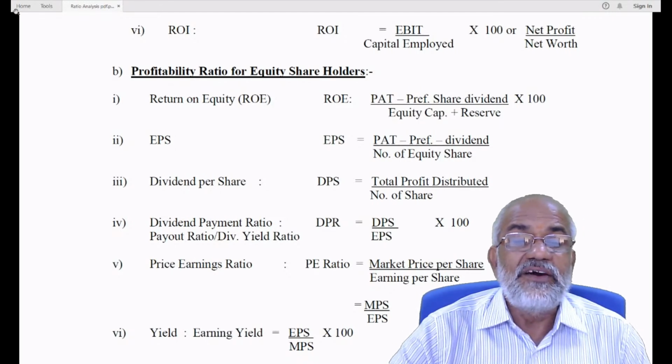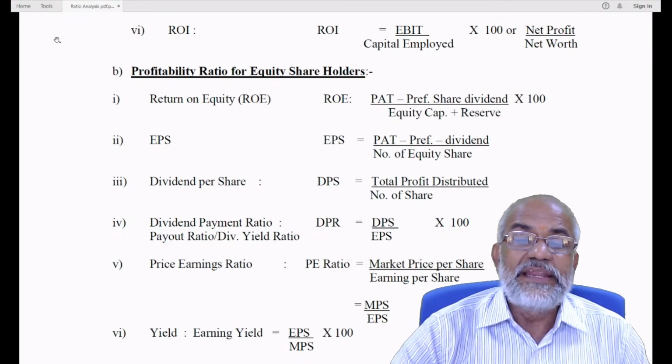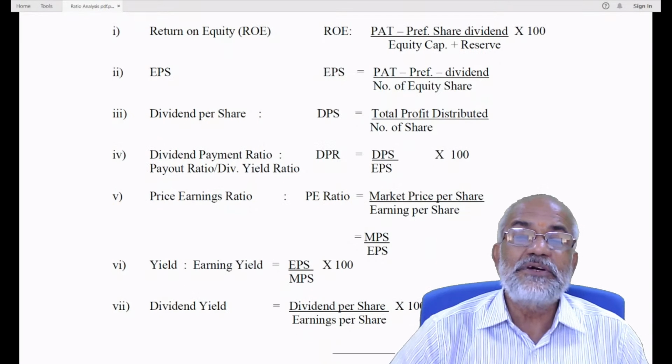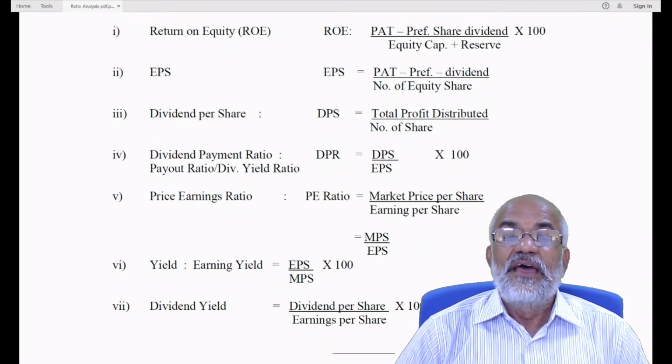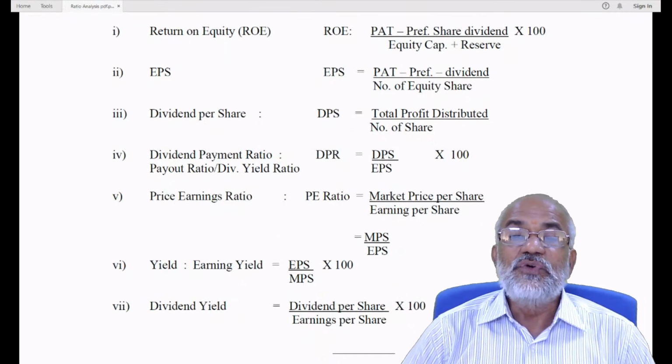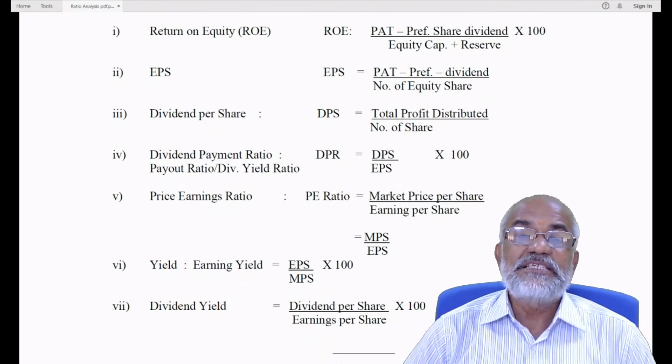Then the earning yield or the yield ratio. The yield ratio is computed by earning per share divided by market price per share into 100. It is just the opposite of the price earning ratio.